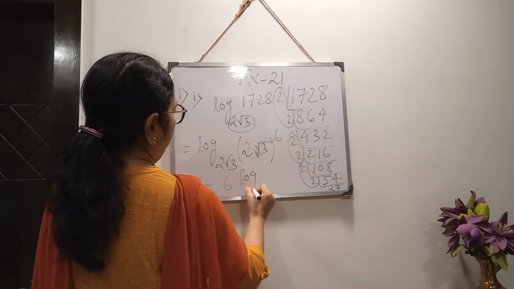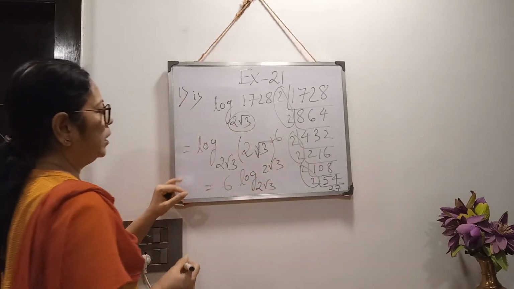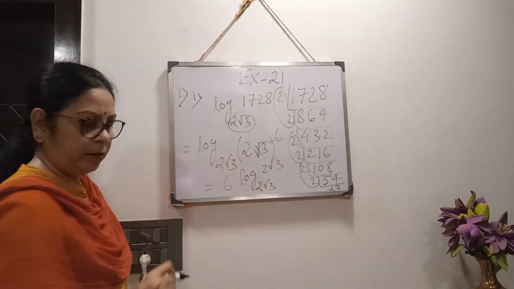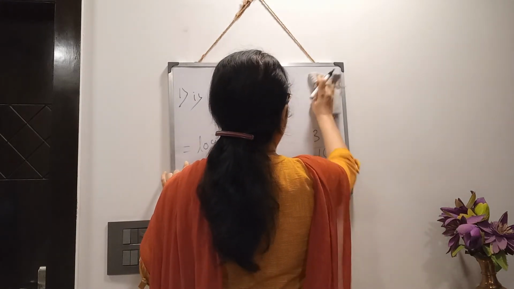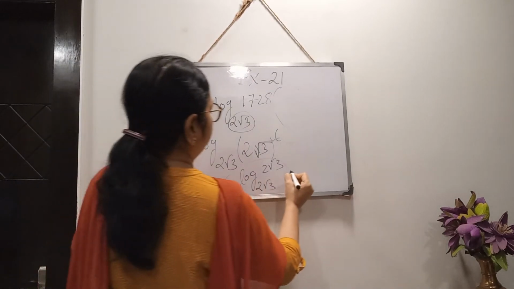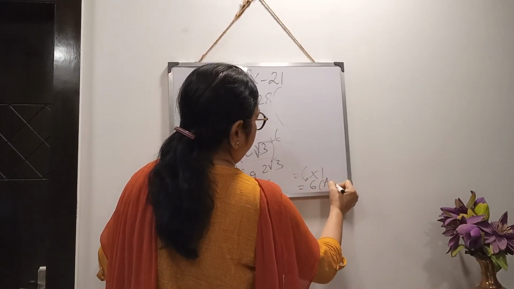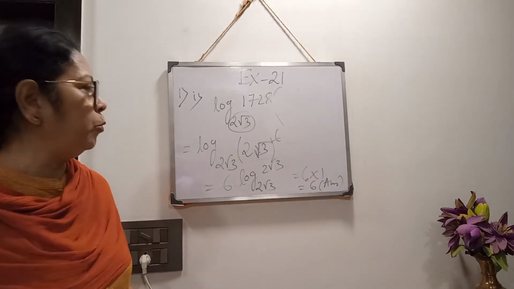So this is 2 root over 3, and the base is also 2 root over 3. Now this and this are the same, so its value is 1. Always its value is 1. So after that we can write 6 into 1, that means 6. This is my answer. Clear? In this way you have to do.